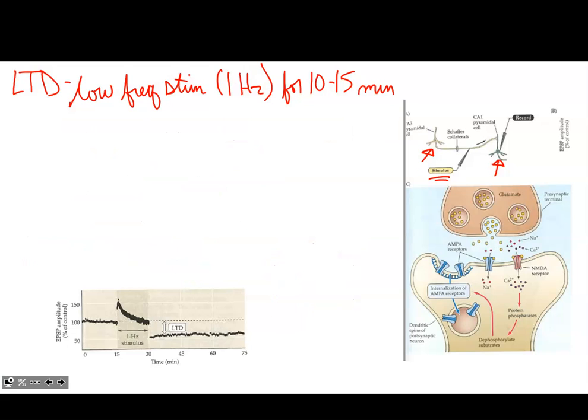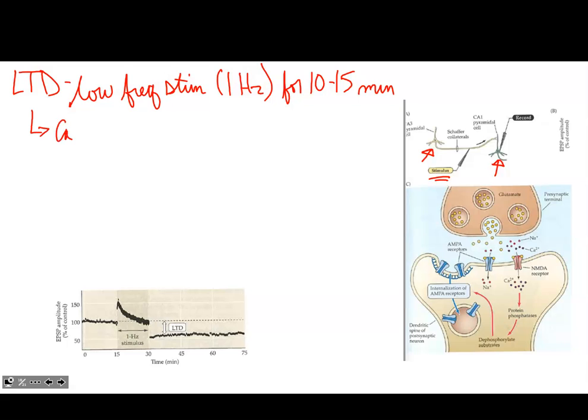Well, in LTP, when we tetanized a cell, right, we saw an immediate jump in concentration of calcium. That calcium went up quickly because of the HFS, the high frequency stimulation. In this case, because we're only stimulating at 1 hertz, a pretty slow stimulus, the calcium signals are different, right?